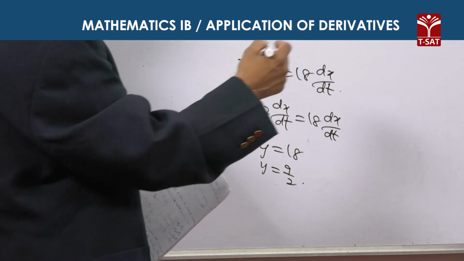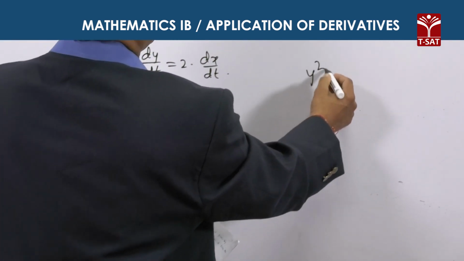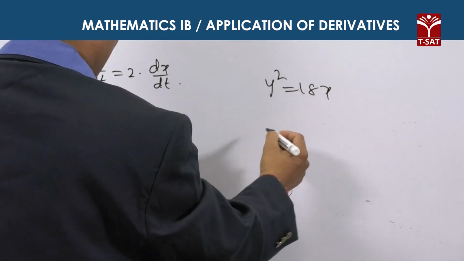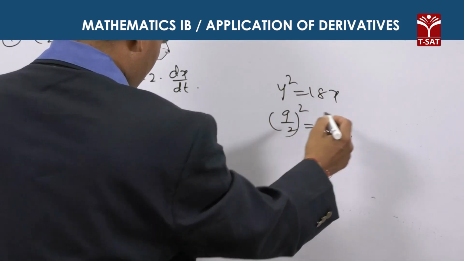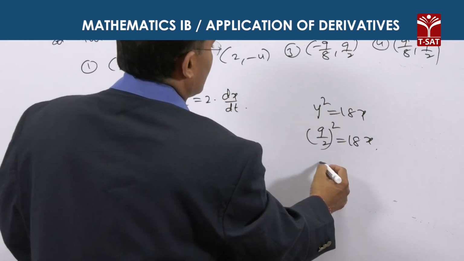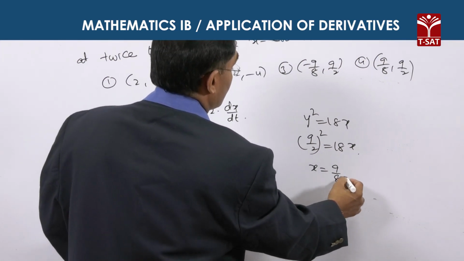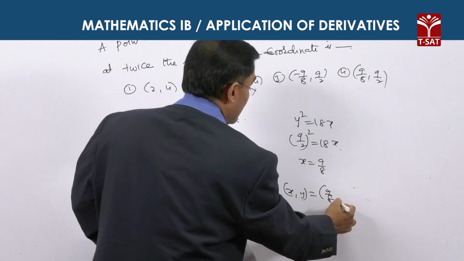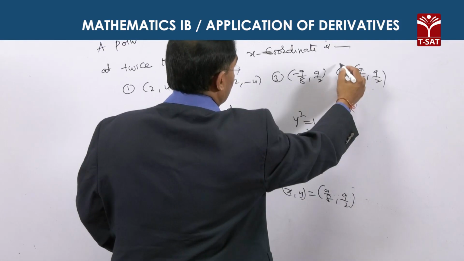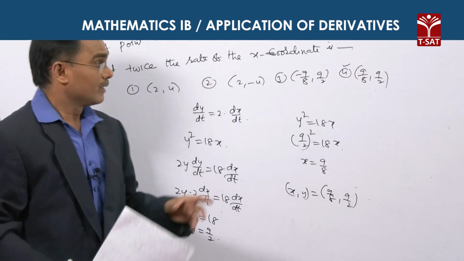At the point y is equal to 9 by 2, y square is equal to 18x, so (9 by 2) whole square is equal to 18x. Solving this equation, x is equal to 9 by 8. Therefore, the required point (x, y) is 9 by 8 comma 9 by 2. Fourth response is correct.